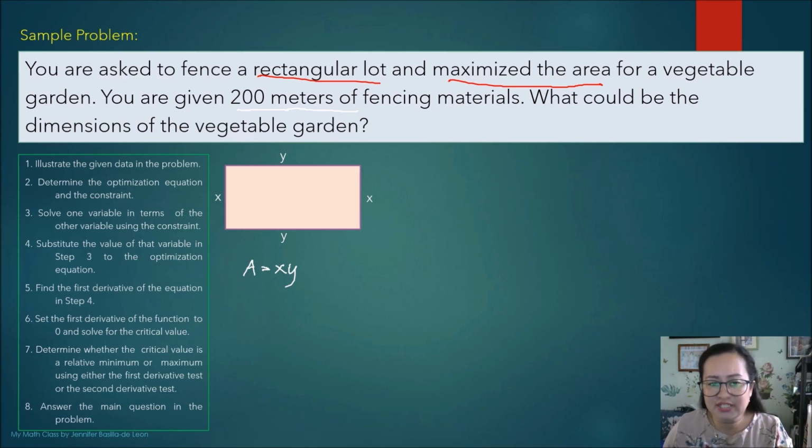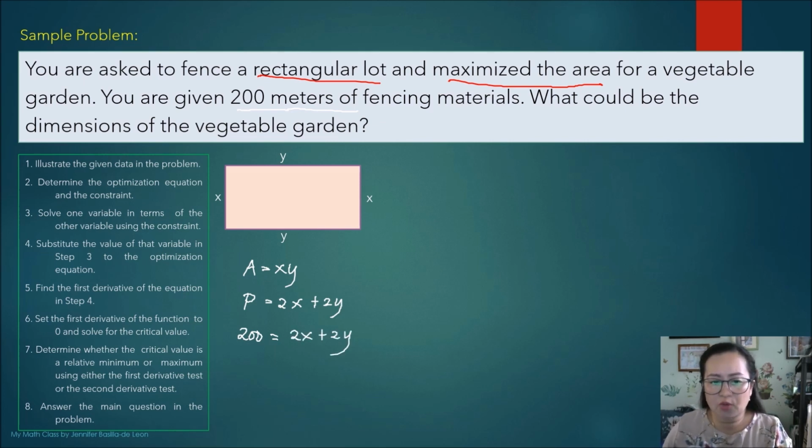Remember that fencing is an activity that calls for the concept of perimeter. So using the rectangle, the perimeter would be 2x plus 2y. And take note that this 200 meters is equal to the perimeter of the rectangular lot.